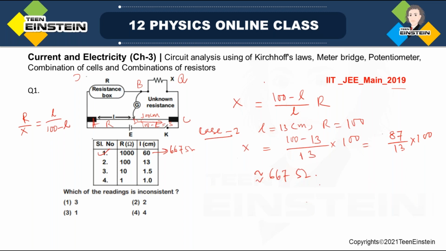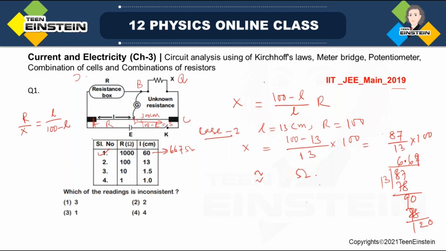Okay, so how much does this give? Let us divide this. This will give you 78, then it is 9. Further it will give this, then it will come like this.